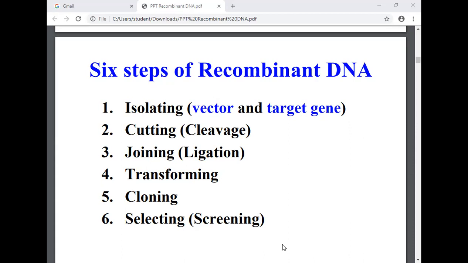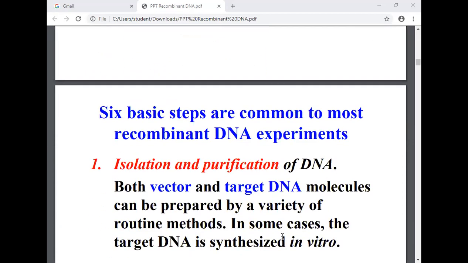If we get the exact clone copy engineered by us, we will be able to get the specific protein required. If we get the wrong DNA, we would not be able to get the specific proteins required. So selecting or screening is a very important step.